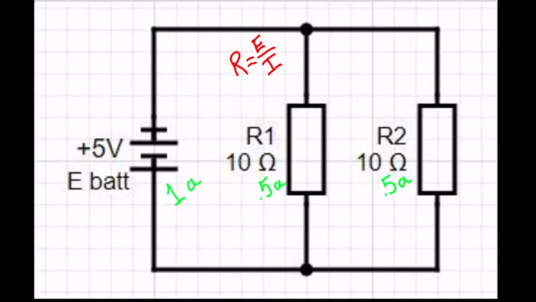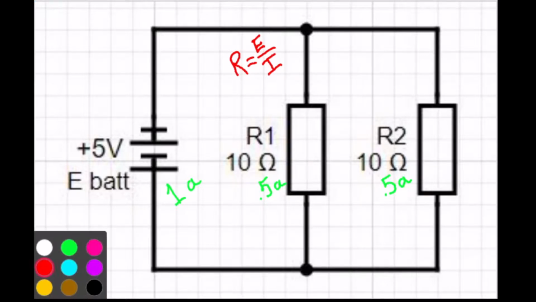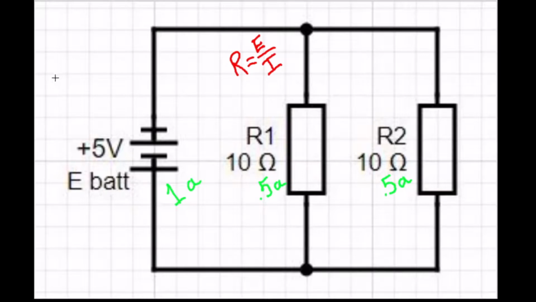So let's now solve for the total resistance. We're going to start off with E, which is 5 volts, and we're going to divide it by the total amperage.